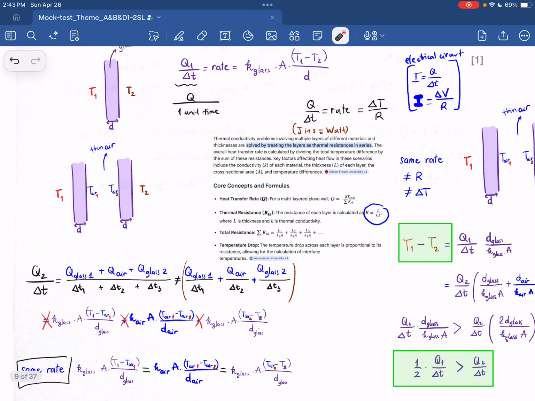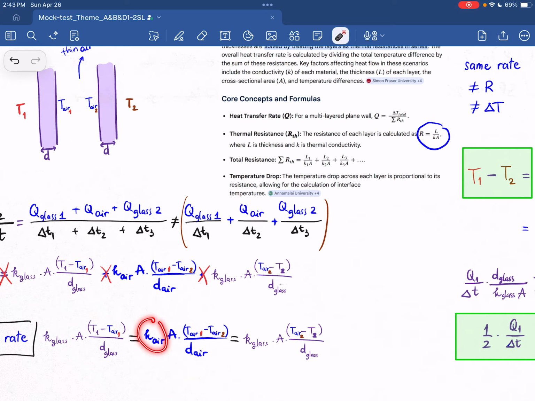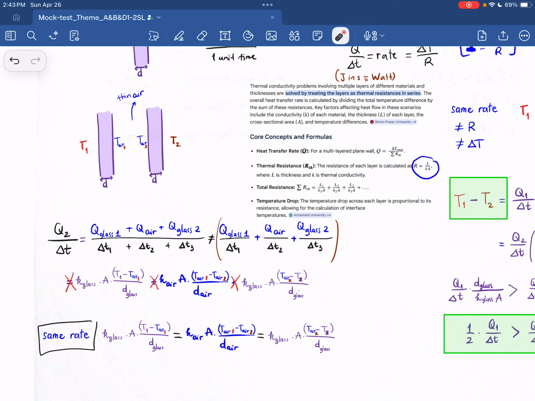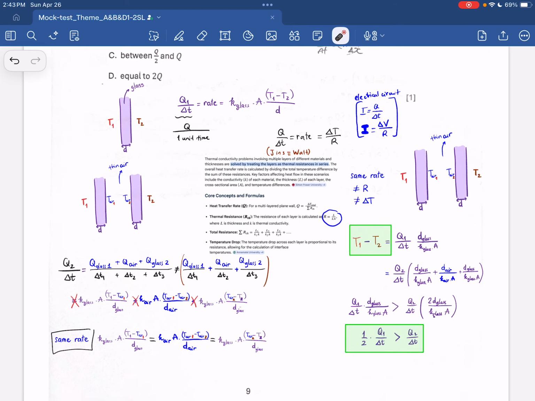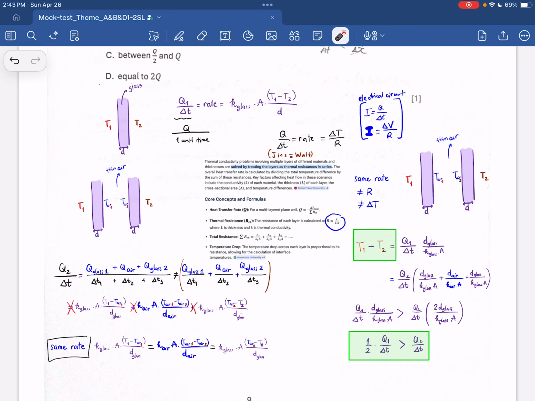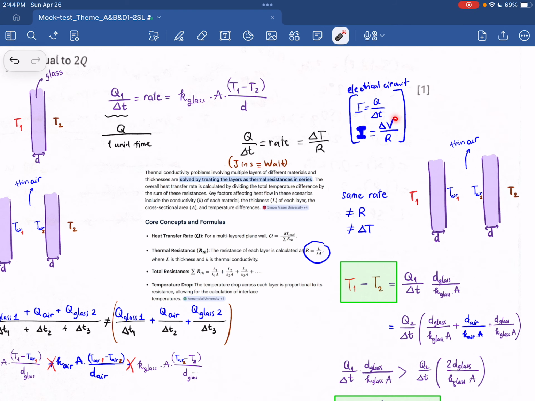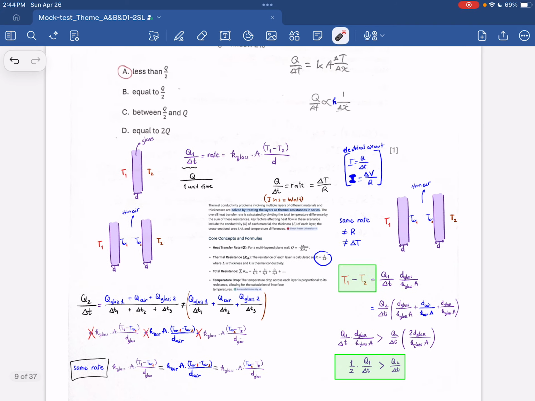It just turns out that if the K of the air and the D of the air are different, then the temperature drop will be different compared to when it goes through the glass. Just apply it like in the electrical circuit problems for series. You find the R equivalent, and then instead of the difference in potential, you use the difference in temperature. Please let me know if you have any questions.